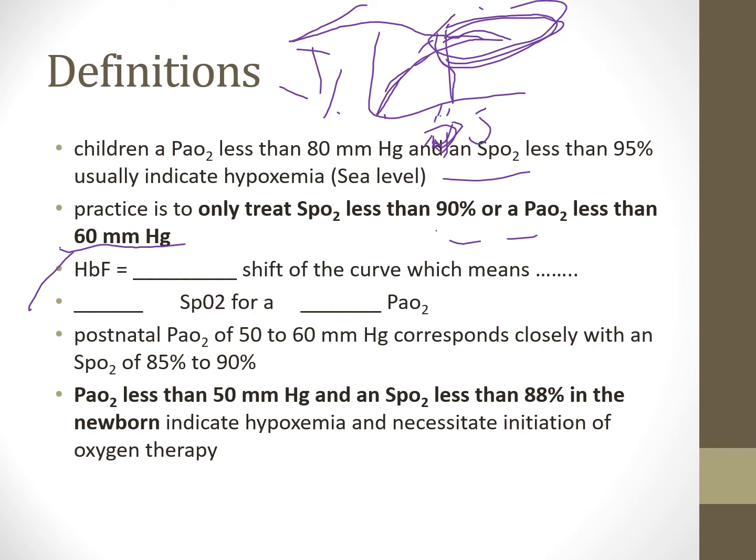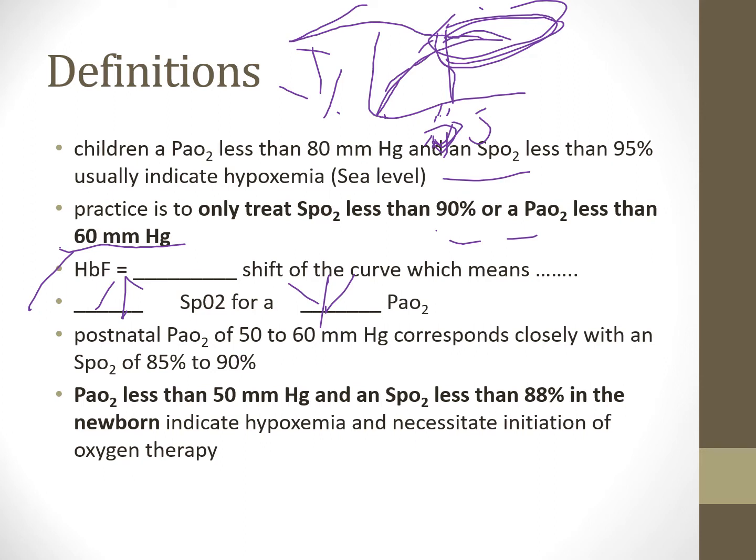So we'll have a high saturation for a low PO2, right? So in the postnatal stage, a PO2 of 50 to 60 usually corresponds to a sat of 85 to 90%, which is decent in most newborns, especially your preemies.